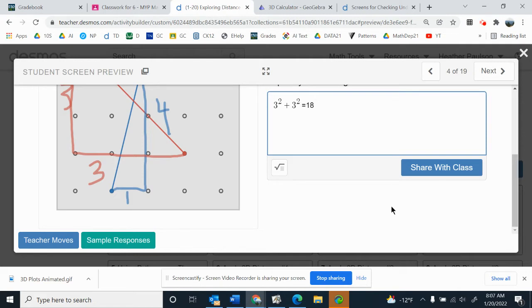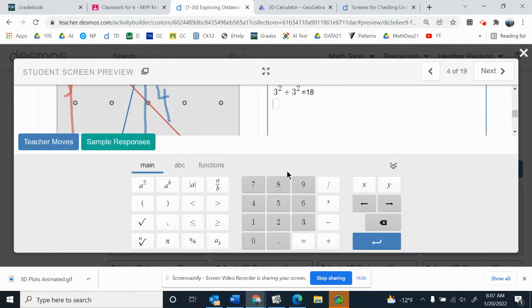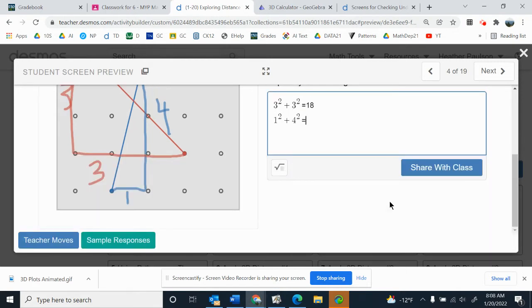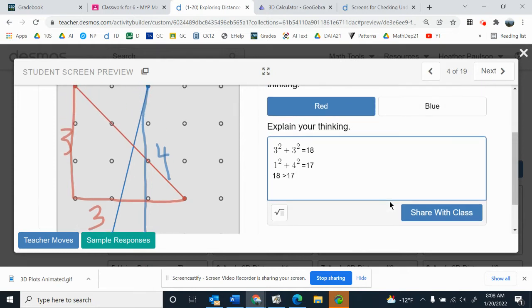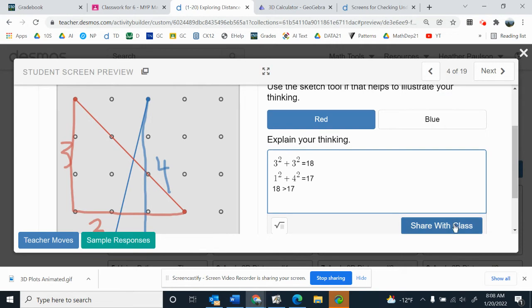And then notice in the blue, we have 1 squared plus 4 squared. Well, that's 1 plus 16. That's equal to 17. And 18 is definitely bigger than 17. And so that red is larger.